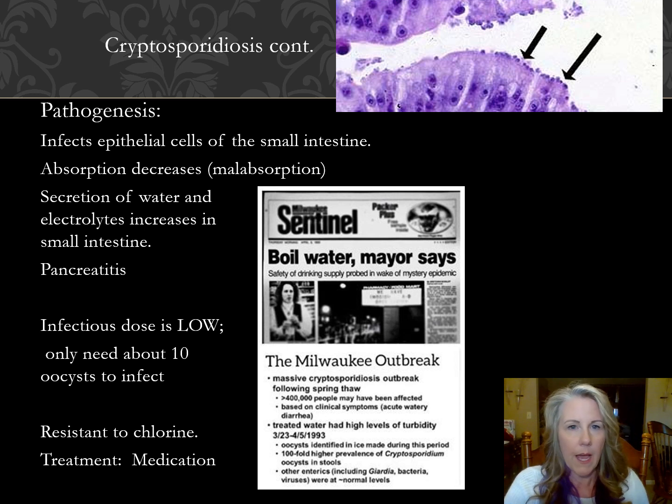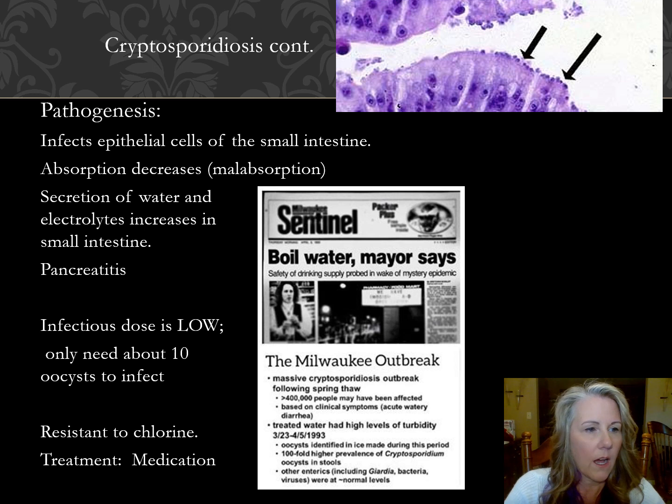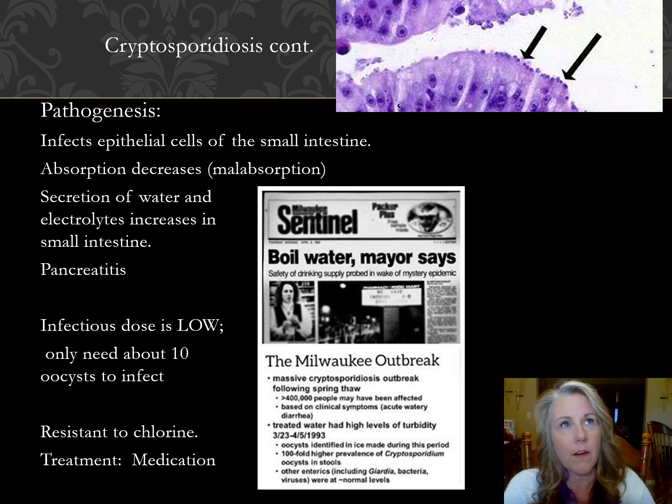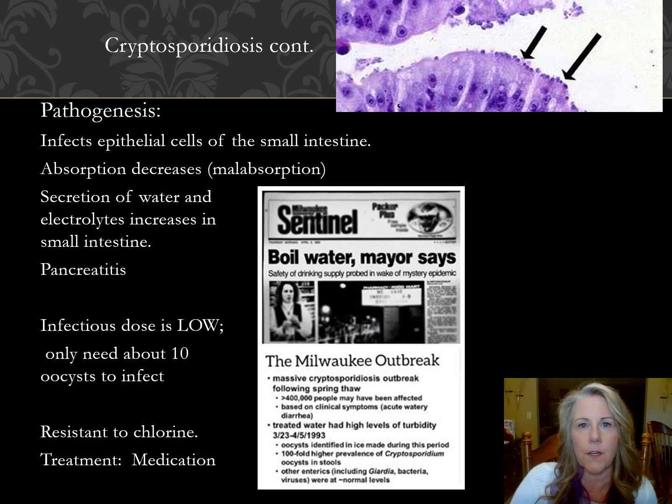And since there's such a low infective dose, it doesn't take much to infect a whole city. So in 1993, 403,000 people in Milwaukee were infected with Cryptosporidium parvum, and about 100 people died because of that outbreak. So it can be pretty severe.